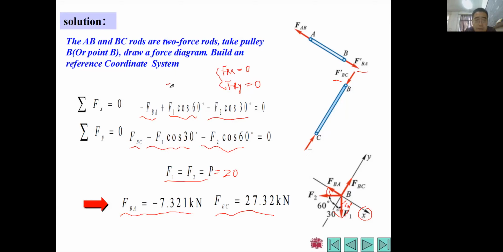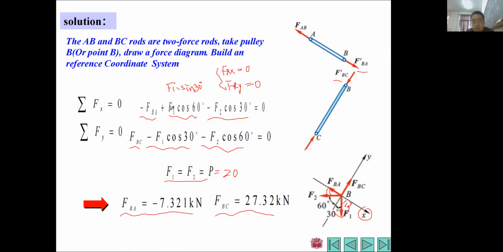So actually you can write F1 times sine 30. It's fine. It's totally up to you. Because these two angles always sum to 90 degrees, you can select whichever angle you like. You just need the right magnitude and right direction, right?